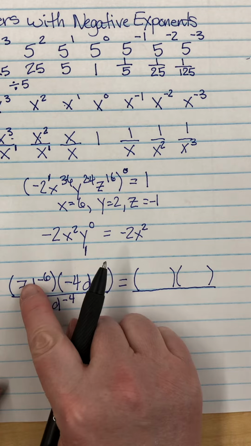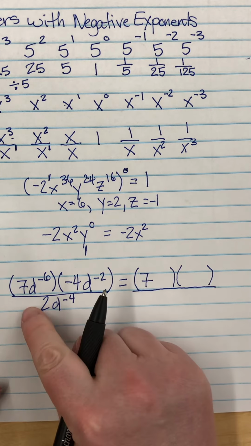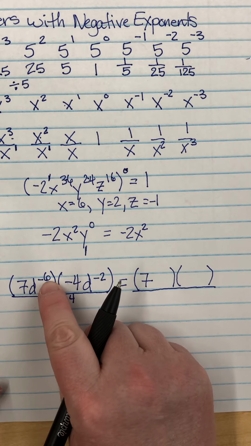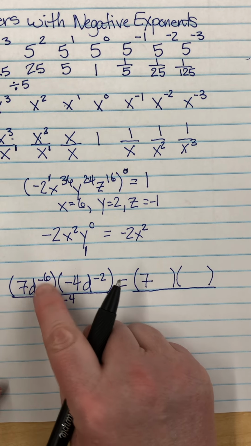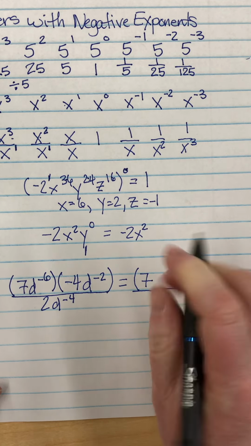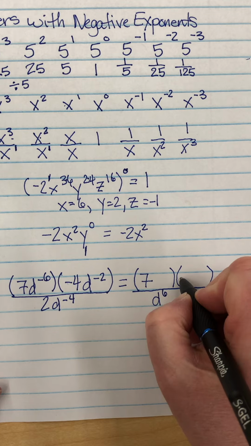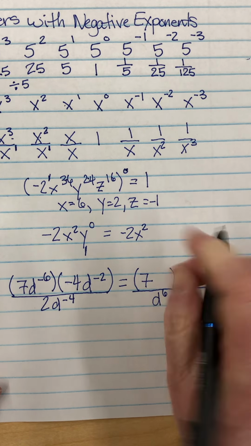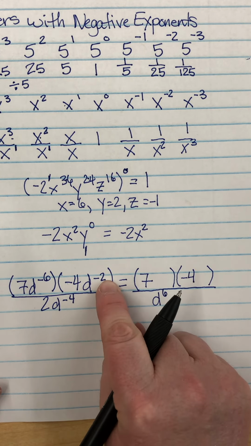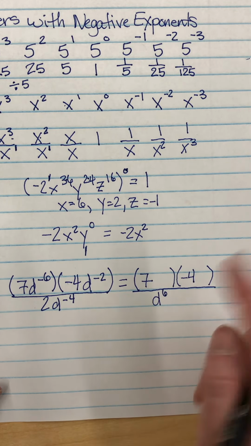All right, so the 7 that we have here is going to stay. The d to the negative 6th power is telling me to move this to the bottom. In this parentheses, the negative 4 does not have an exponent, so it stays at the top. And the d to the negative 2nd power tells me d squared needs to go to the bottom.